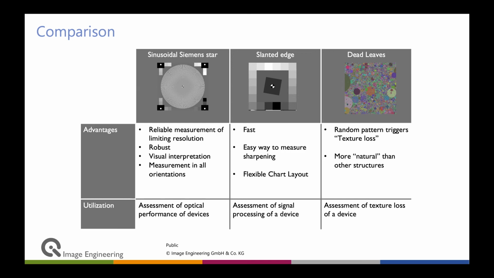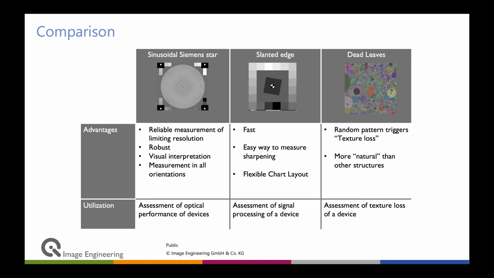If we compare these, we can use the Siemens star as a robust method to measure the optical performance, because as you have seen, we can measure in many different directions. The slanted edge we use for the assessment of the signal processing, particularly of sharpening.